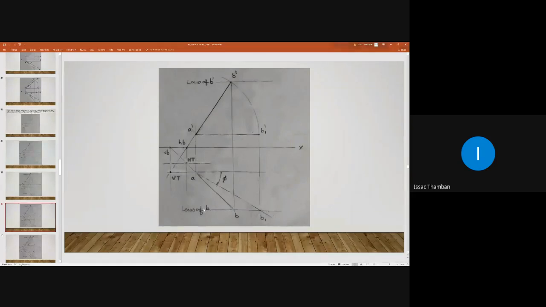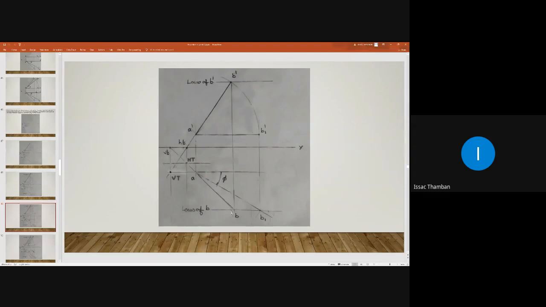This horizontal line is our locus line. So at point B, you draw a horizontal line like this and name it as locus of B. So what is the specialty of the locus line? If you are making it parallel to HP, then B will move along this plane.